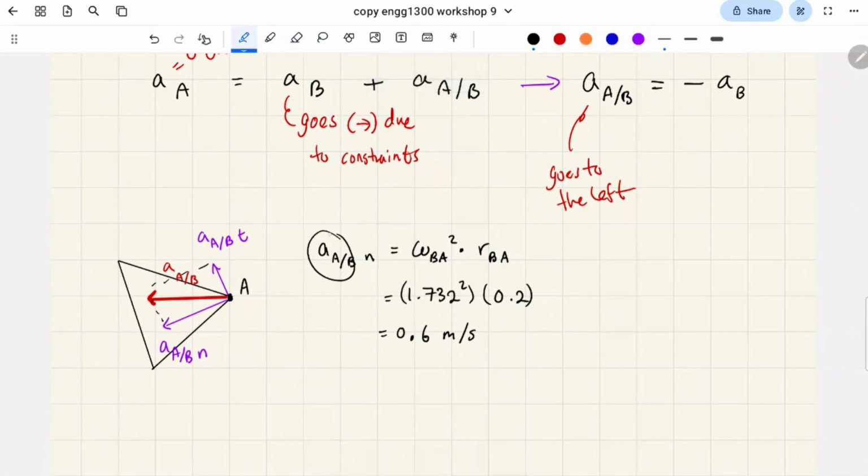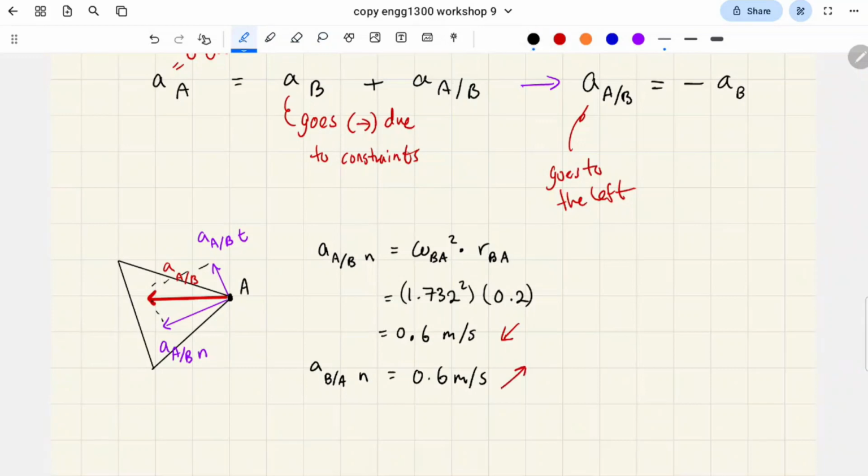So yeah, that was for A, acceleration of A relative to B. But if we want the acceleration of B relative to A and the normal component, right, that's going to be 0.6, but pointing that way, right?